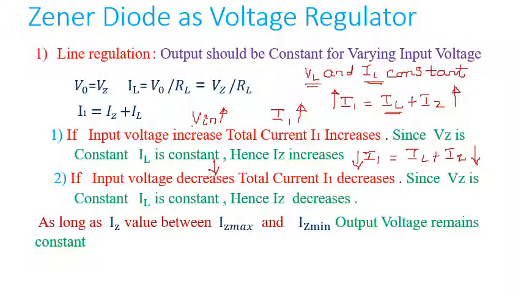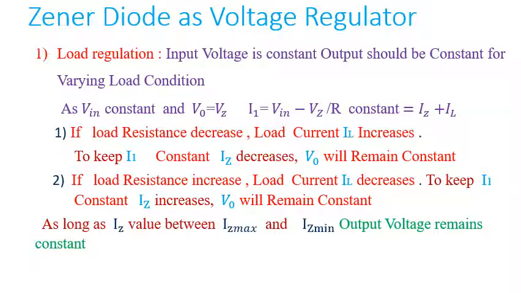As long as IZ values lie between IZ maximum and IZ minimum, output voltage remains constant. This is called line regulation.